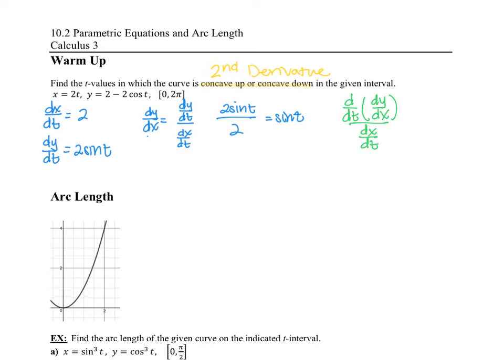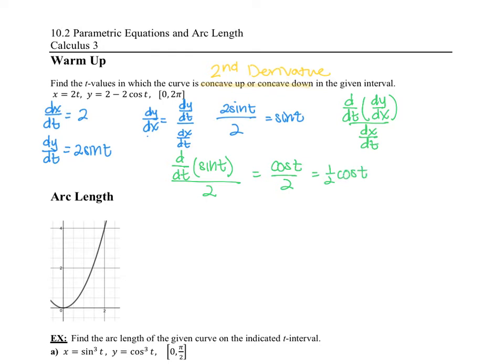So I am going to take the derivative with respect to t of sine of t over dx/dt, which is 2. The derivative with respect to t of sine of t is the cosine of t over 2, or 1/2 cosine t, depending on how you want to look at it.